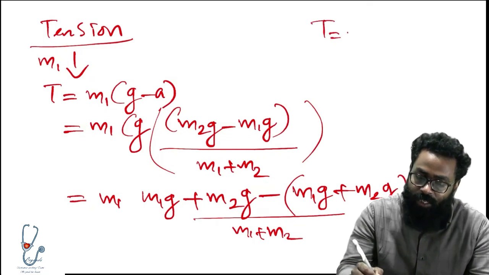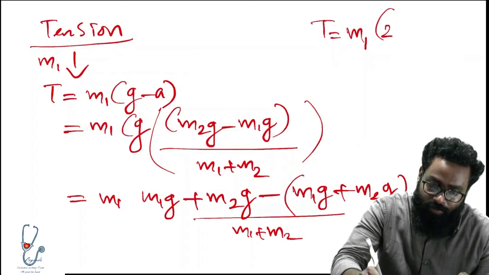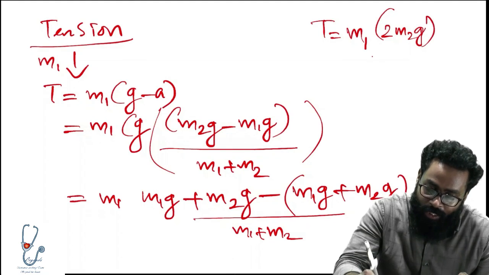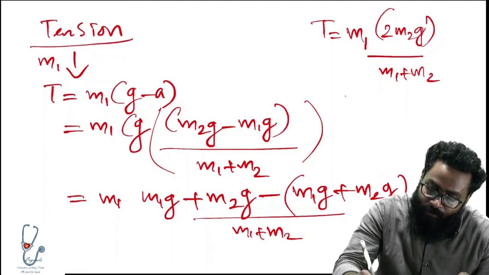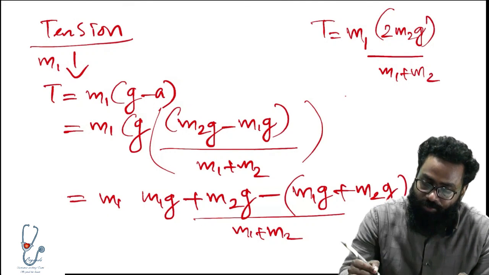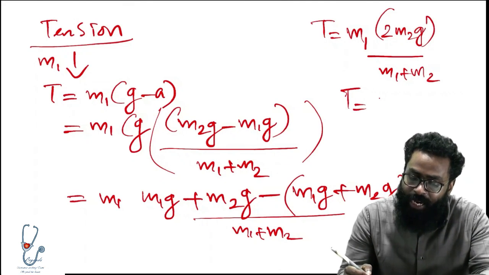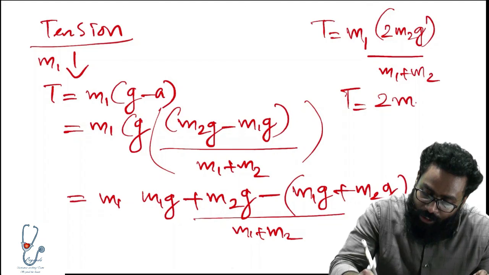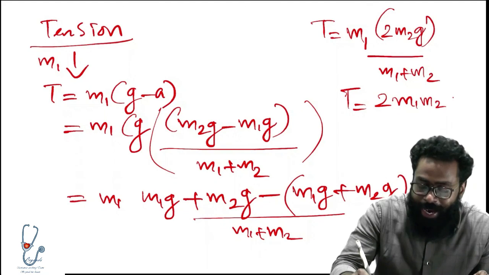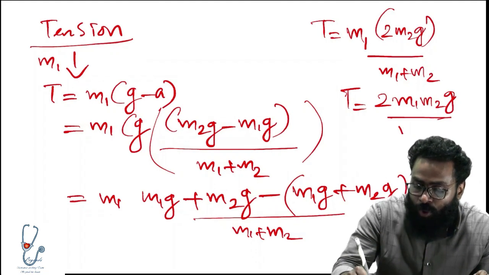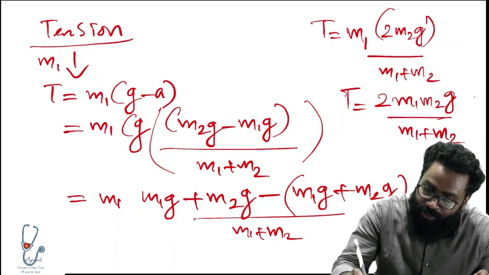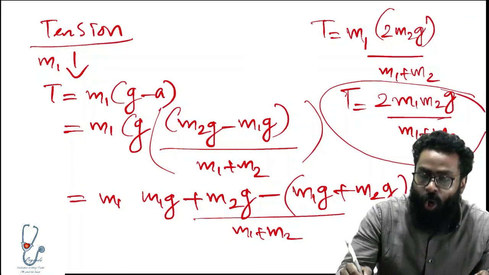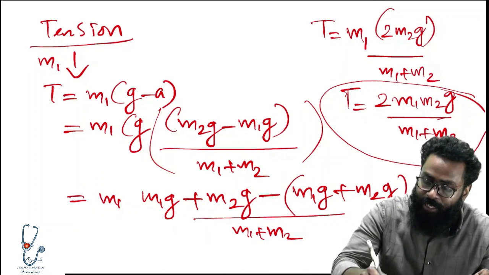And we can write T equal to m1 times 2m2g divided by m1 plus m2. Clear that? Rearranged, T is equal to 2 m1 m2 g divided by m1 plus m2. So this is the equation for finding tension.